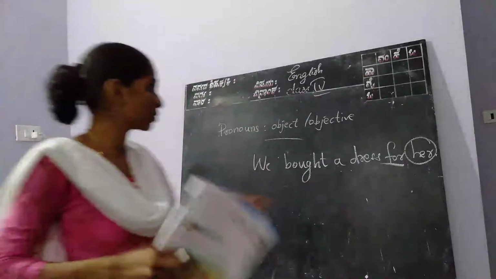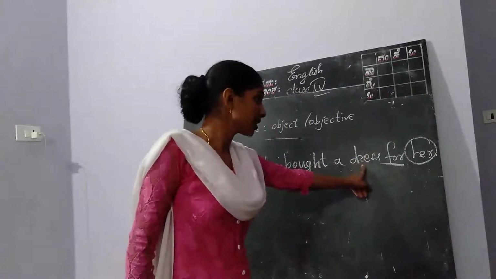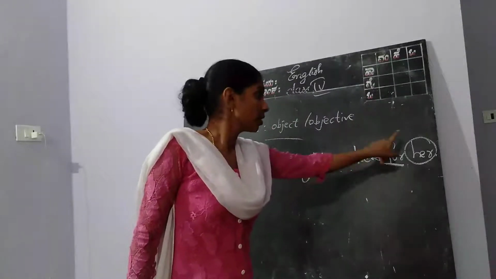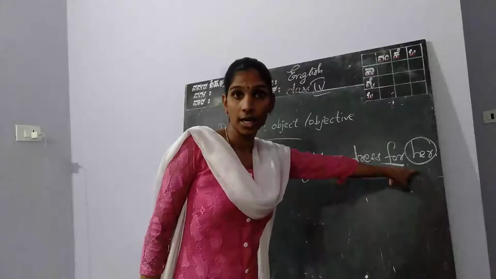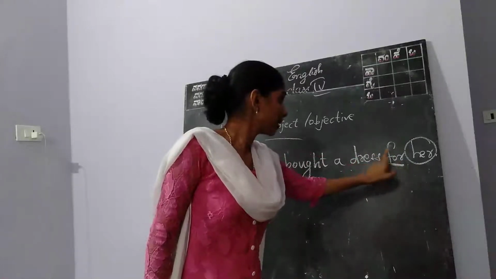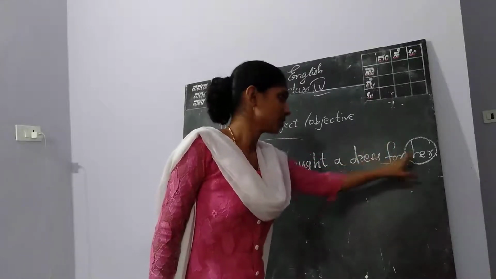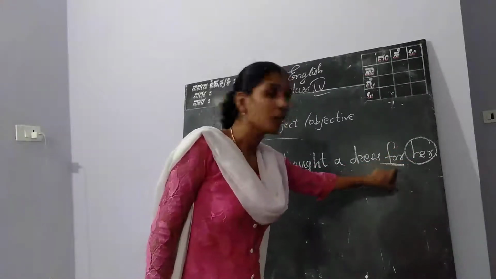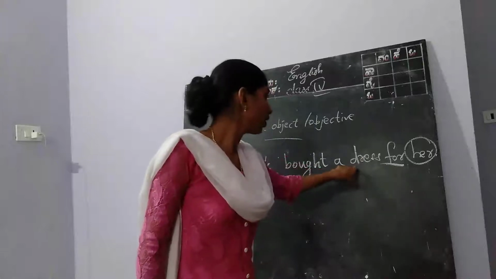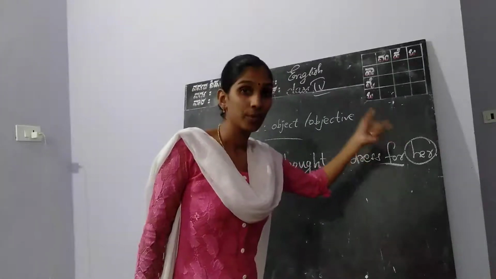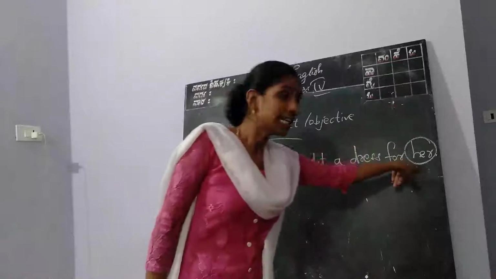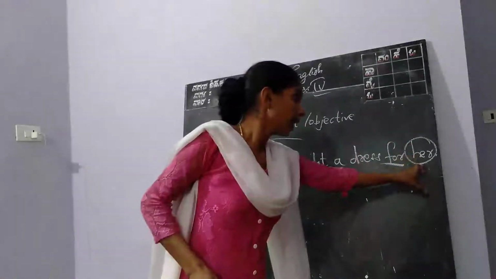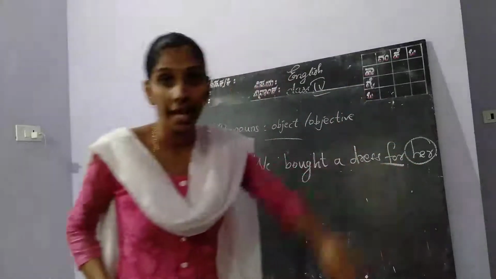For is a preposition connecting this word dress to that word her. For connecting dress to her, we used a preposition, that is for. We bought a dress for whom? For her.